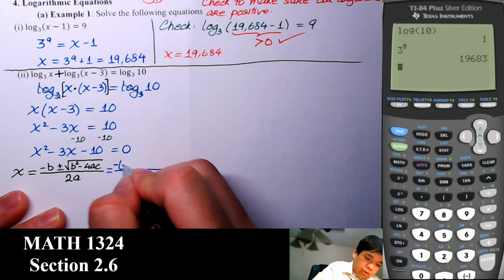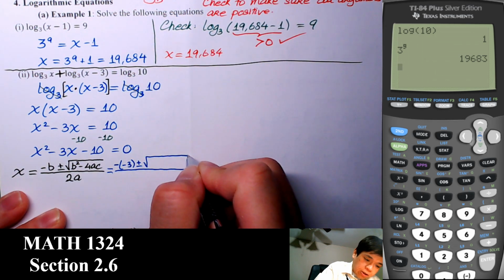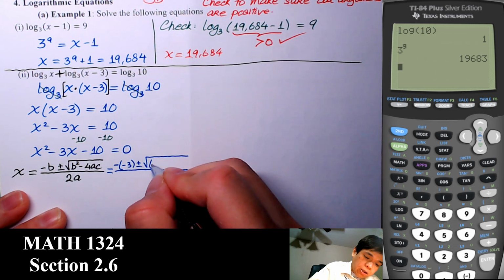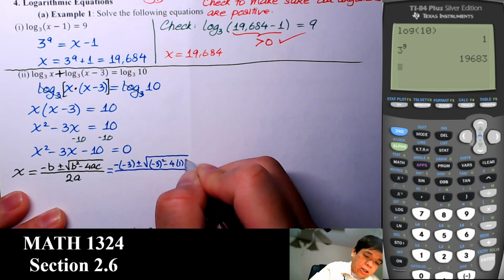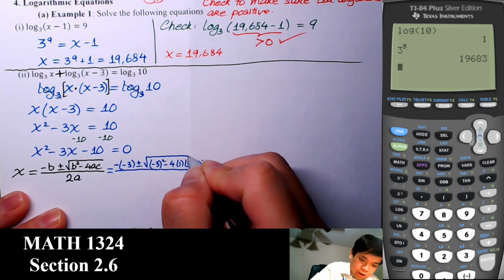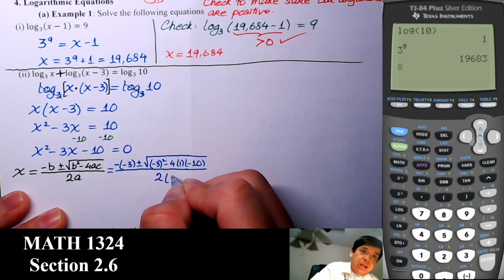So negative b, negative 3, plus or minus the square root of negative 3 squared minus 4AC, over 2A.